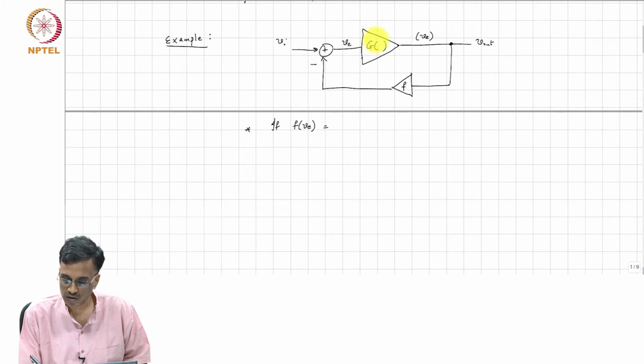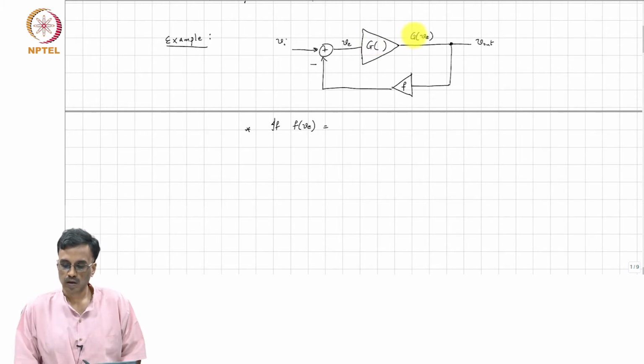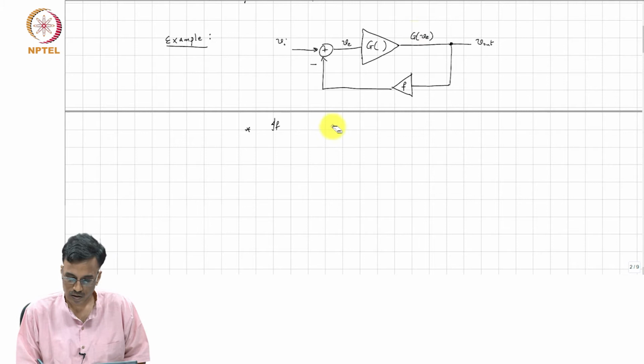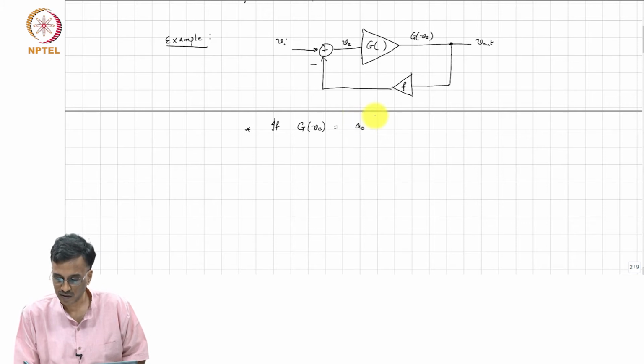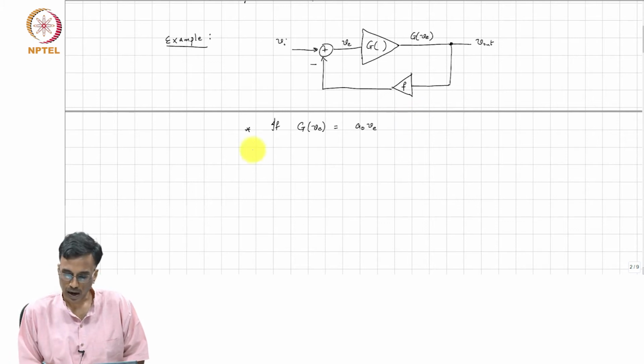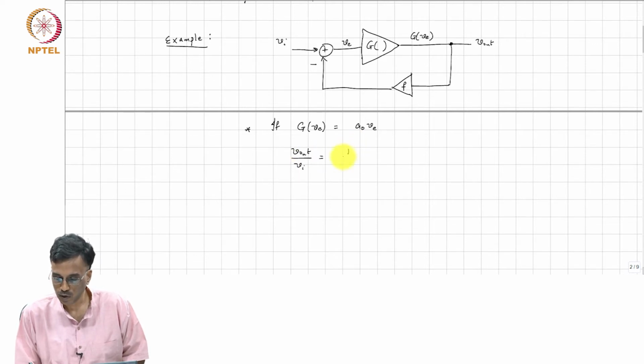So, if g of V e is nothing but A0 V e, then this is nothing but a linear feedback system, and V out by V I is nothing but 1 over f times A 0 f by 1 plus A 0 f.